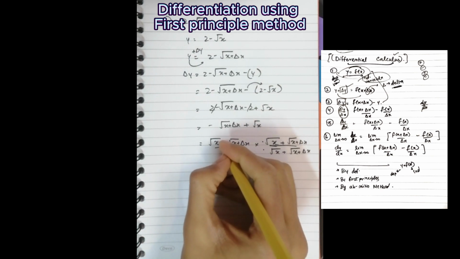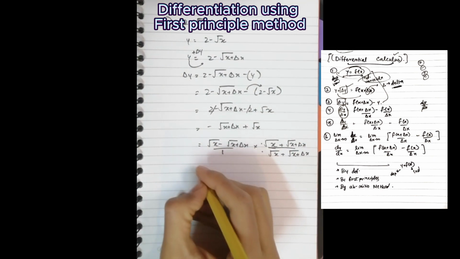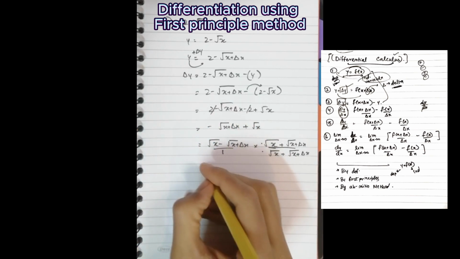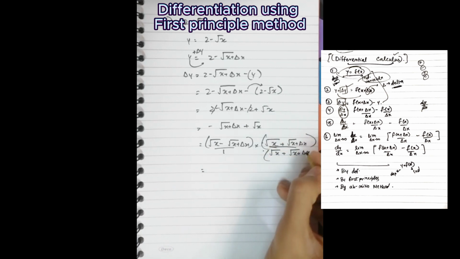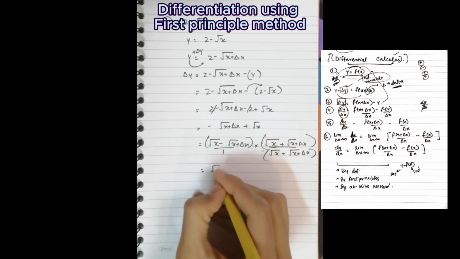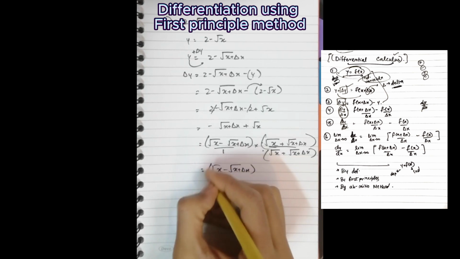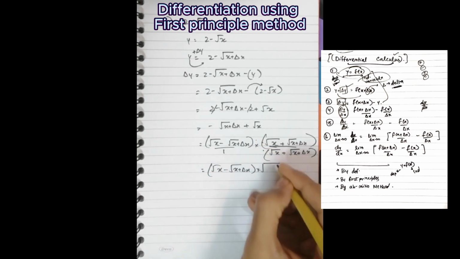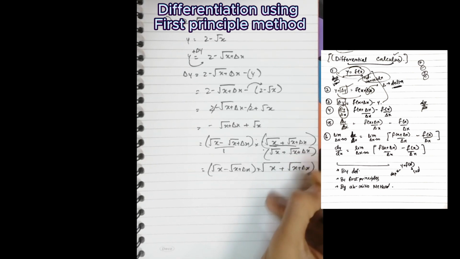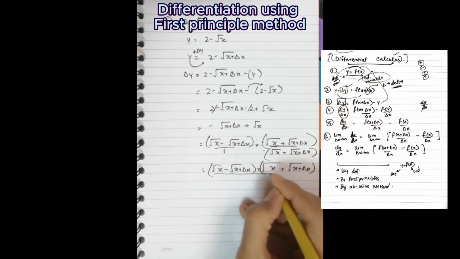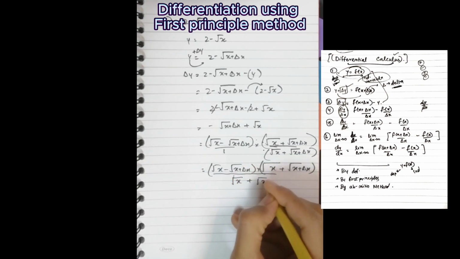And remember, this negative sign will change into a positive sign, right? So what would happen next? If you see, I can combine these two equations into one whole equation. So root x minus root x plus delta x, and remember there is a multiply sign, so root x plus root x plus delta x, and there goes the bracket, divided by 1 times, that's pretty simple, root x plus delta x.